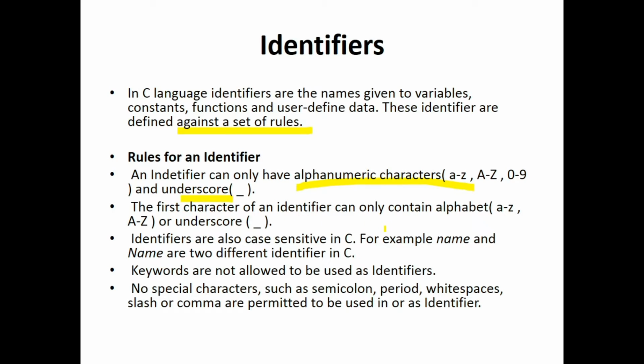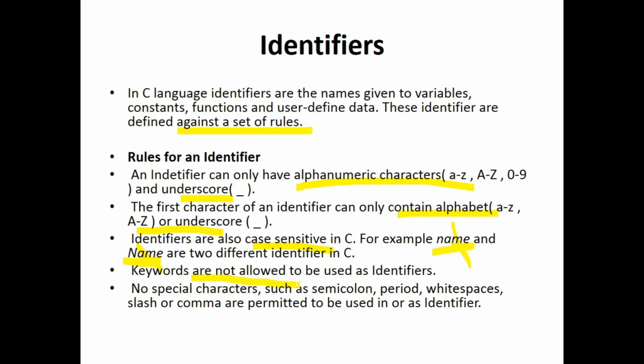The first character of an identifier can contain only an alphabet or underscore. Identifiers are also case sensitive, meaning if you type name in one case and in another case, these are different things, exactly different names, two different identifiers.